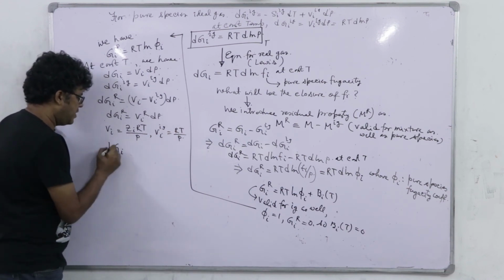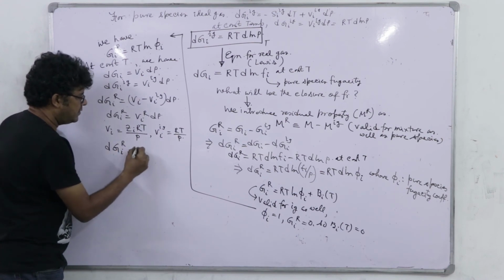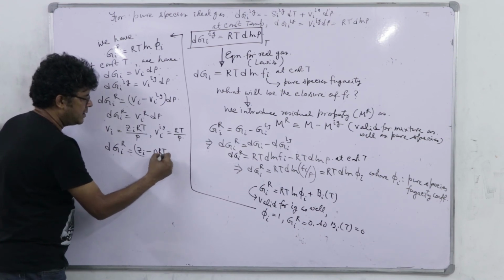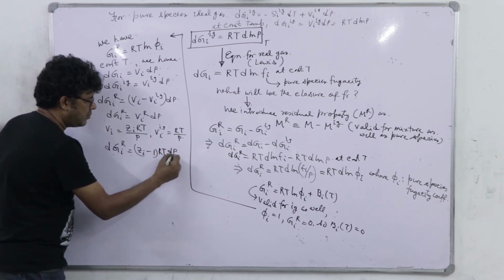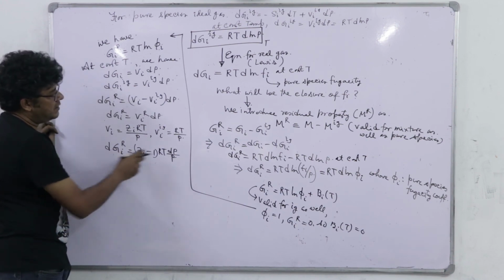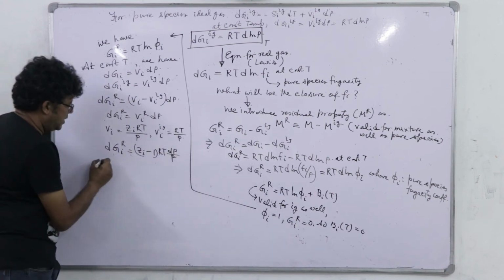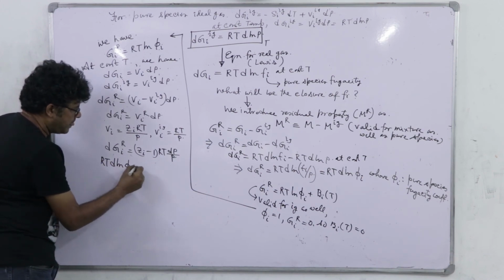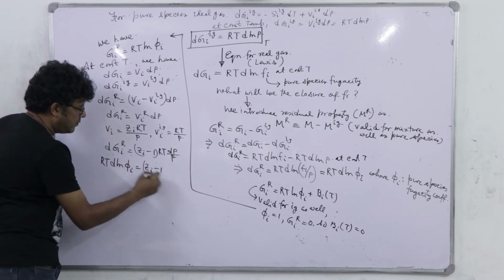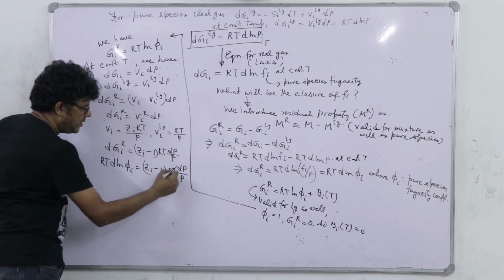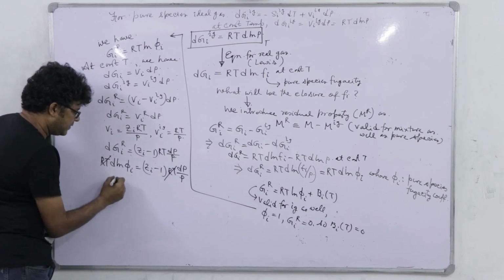So, dGiR is equal to Zi minus 1, RT dP by P, right. Now, dGiR we have already solved, it is RT d ln phi i, which equals Zi minus 1 RT dP by P. So, RT cancels out.